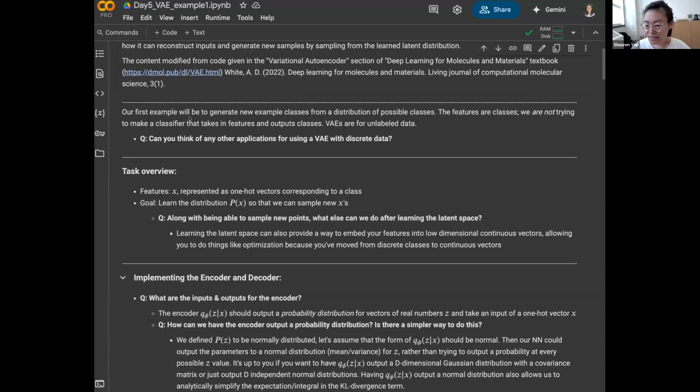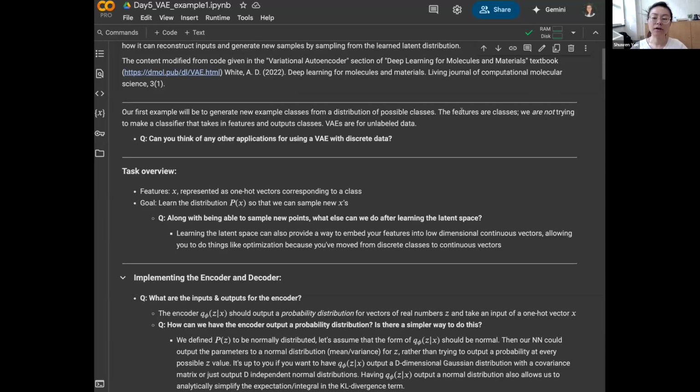So this example is really generating new example classes from a distribution of possible classes. In this case, the features are classes. This is a randomly generated data set, and each point is going to be a one-hot encoding that tells you what class it's in. We just made 32 classes.